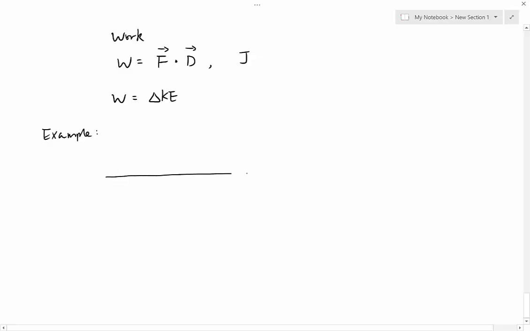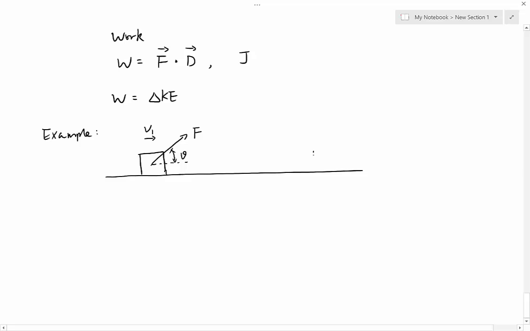Here we go. We have a surface, it's flat and smooth. And then you have an object. You push this object over a distance. However, when you push, the force is at an angle. The angle is theta. The initial velocity of this object is v1.